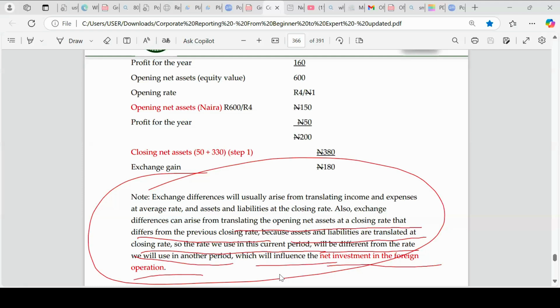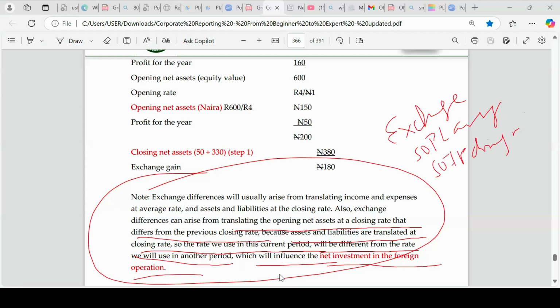Okay, so know that exchange difference will occur, first of all, as a result of the fact that your SOPL, you did it at average rates, and your SOFP, you did it at closing rates.